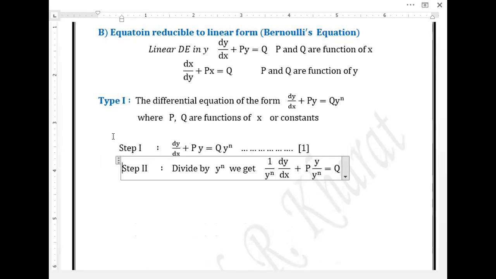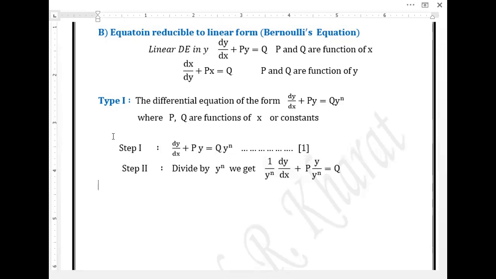So dividing by y^n, we get (1/y^n) dy/dx + P y / y^n = Q, because the entire differential equation is divided by y^n, and the new differential equation occurs.